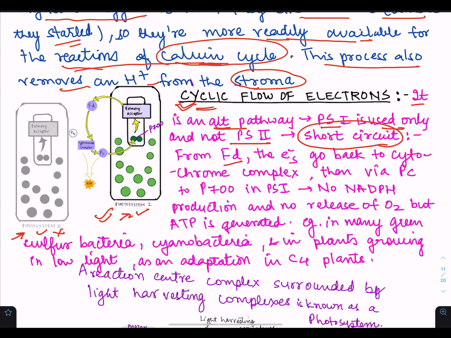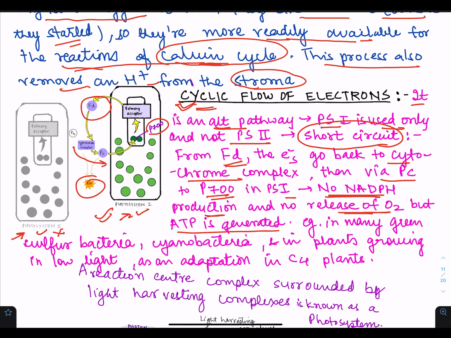From ferredoxin, the electrons go back to the cytochrome complex, then via plastocyanin to P700 in PS1. There is no NADPH reduction and no release of oxygen, but ATP is generated.